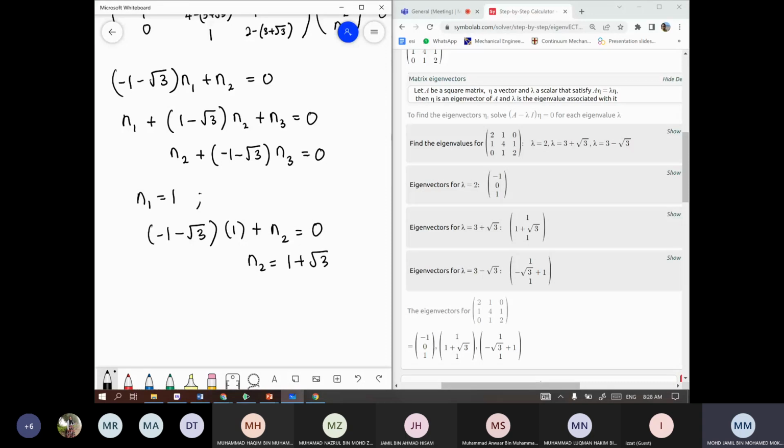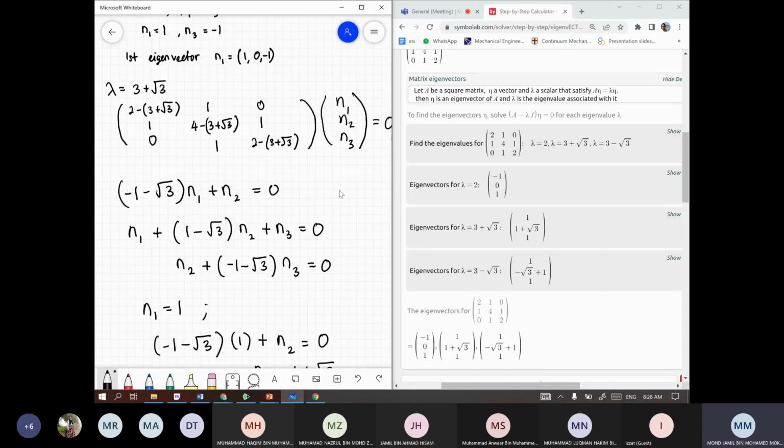Okay, so we get n2 equals 1 plus square root 3. Okay, so the way you choose is that you can choose something similar to the one above.